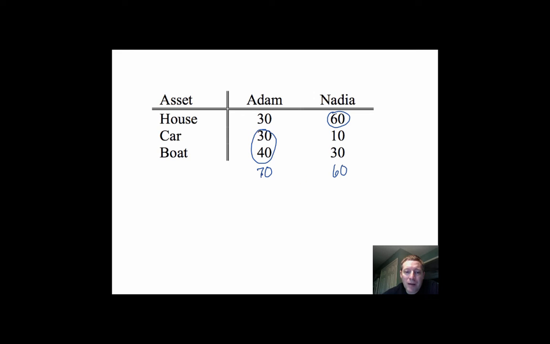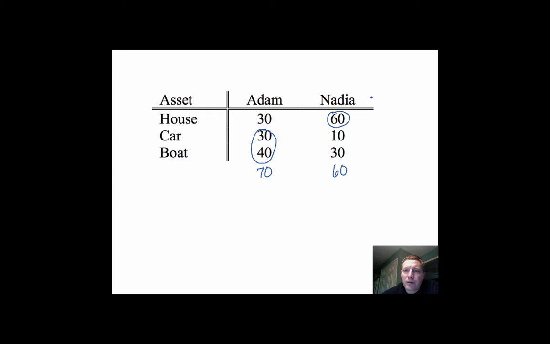So we have to somehow get these points to be equal. So which should it be? Should Adam give part of the car back, or should Adam give part of the boat back? Again, we could just ask Adam and Nadia what they think, but again, just looking at it from a purely objective mathematical sense, what we want to do is give a fraction of the item back that is the least valuable to Adam, which when you think about it from the point system that was done earlier, if it's the least valuable to Adam, automatically it will be the most valuable to Nadia.